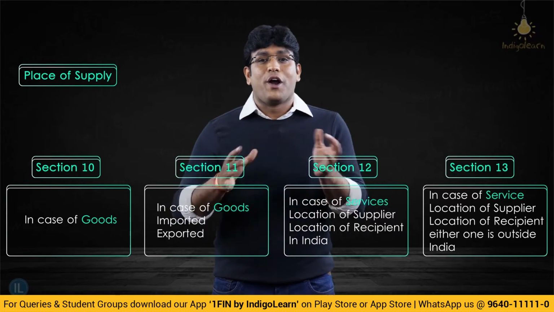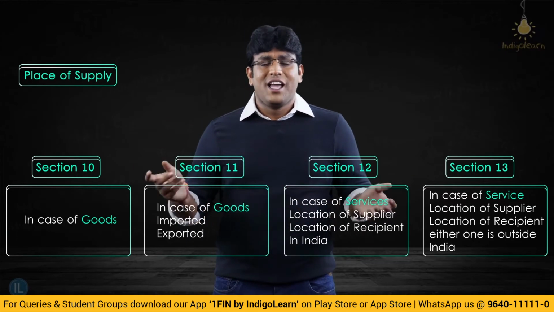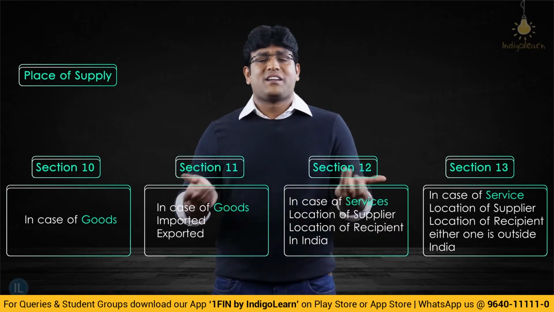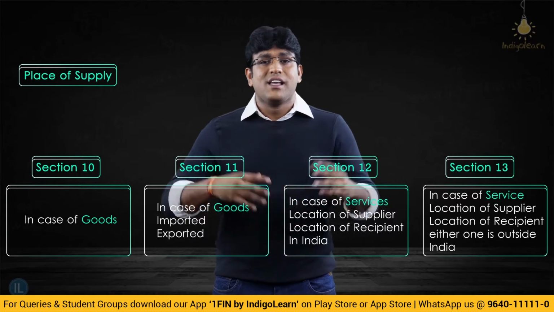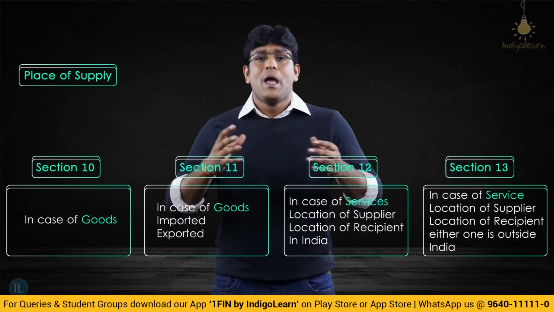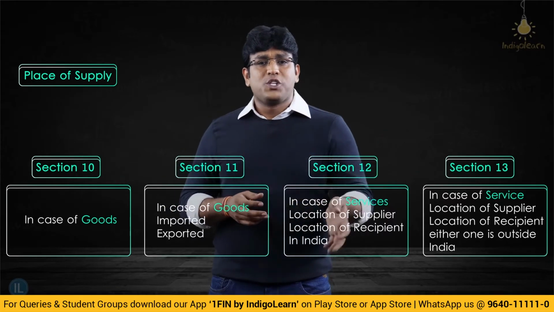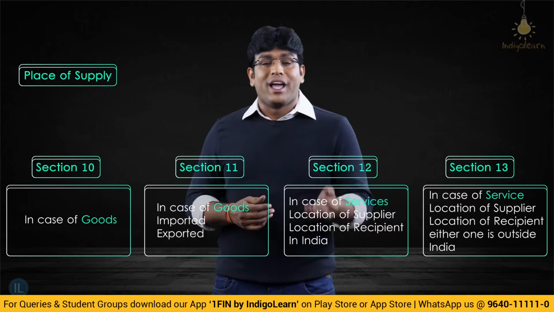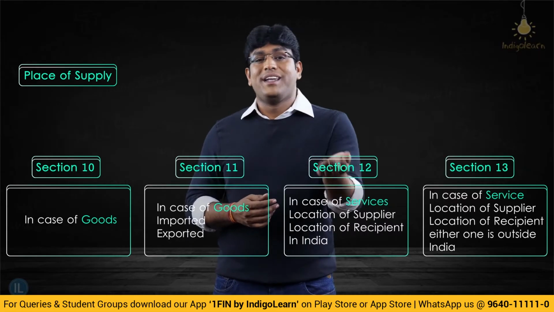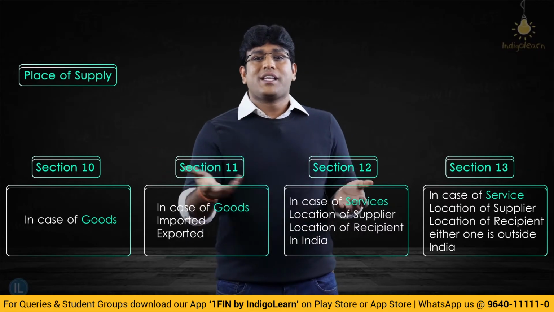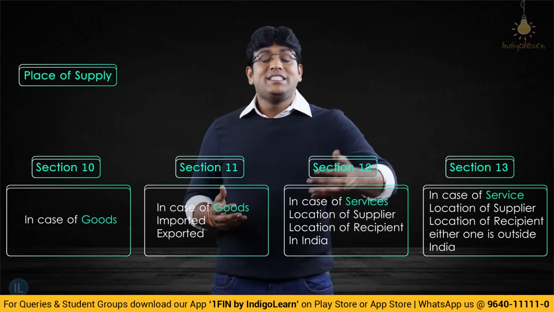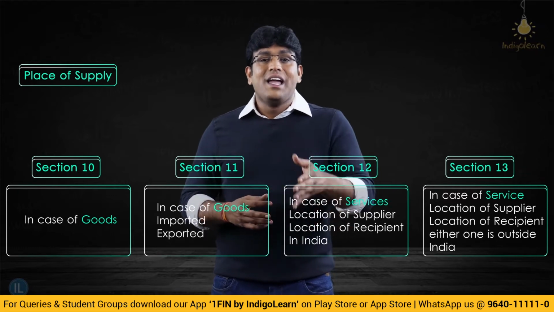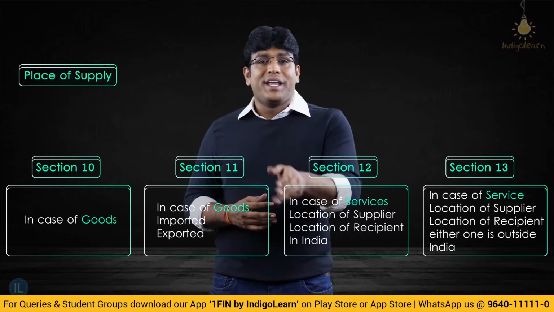Services will take a lot of time, because in services we have different kinds of services: immovable property service, chartered accountancy service, fitness service, transportation of goods, transportation of passengers, telecom service, insurance, banking, what not. The service sector is very big, and moreover, the service sector is intangible in nature. In goods there is some physical movement, but services are intangible in nature. So whenever it is intangible, definitely the discussion we'll do will be very high.